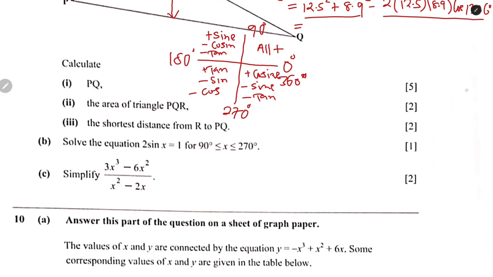The angle that you are finding, let us say, is theta. If the angle that you are finding is in the first quadrant, theta is just equal to the angle that you find. Let us say the angle that you find, which is the reference angle, we are going to name it alpha or x.